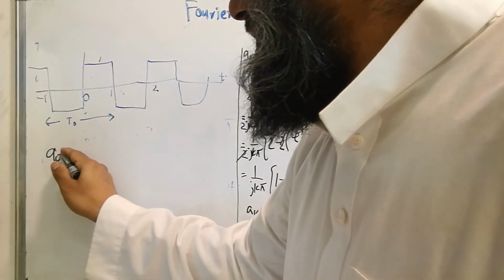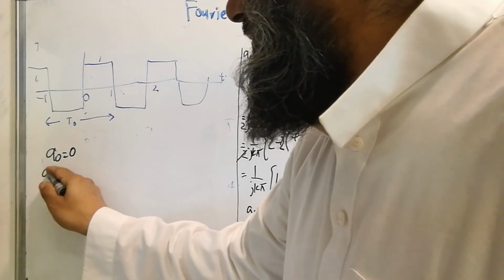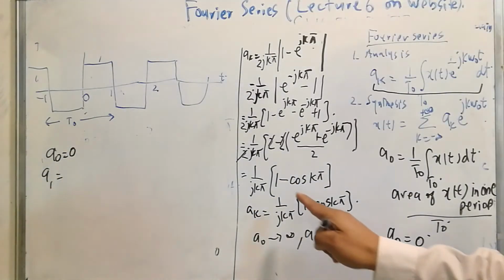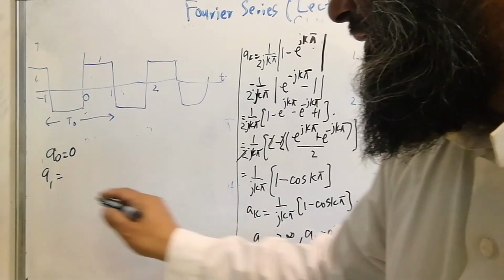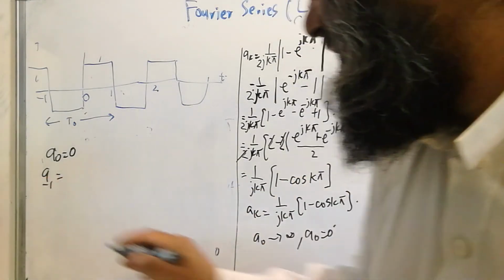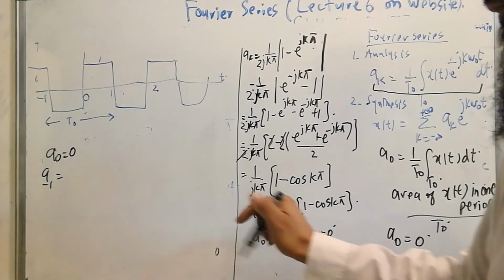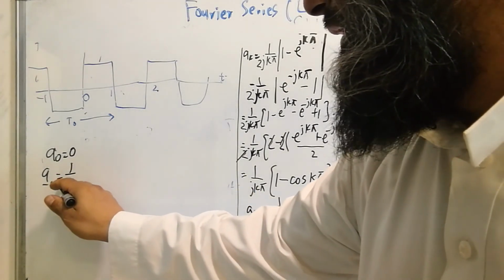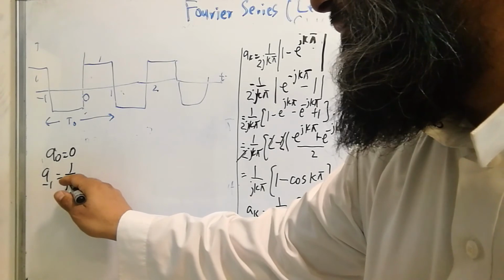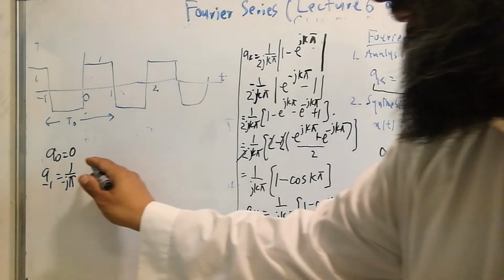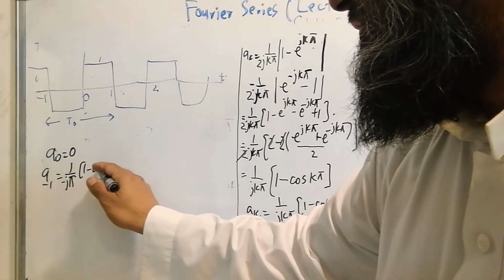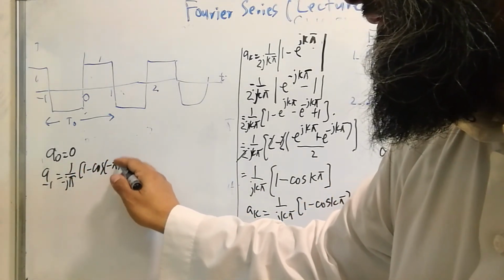So a naught is equal to 0. Let us start from a minus 1. So a minus 1 will be 1 over minus j pi times 1 minus cosine minus pi.